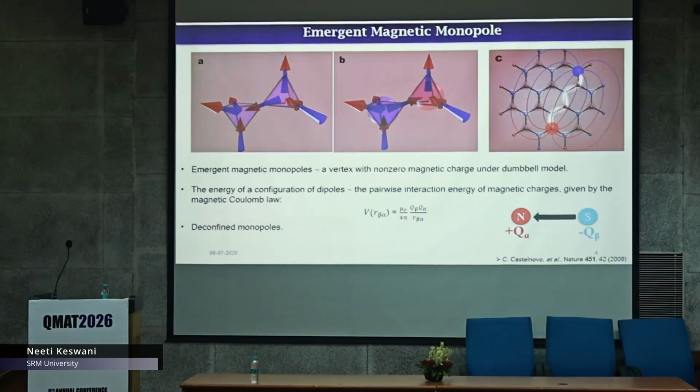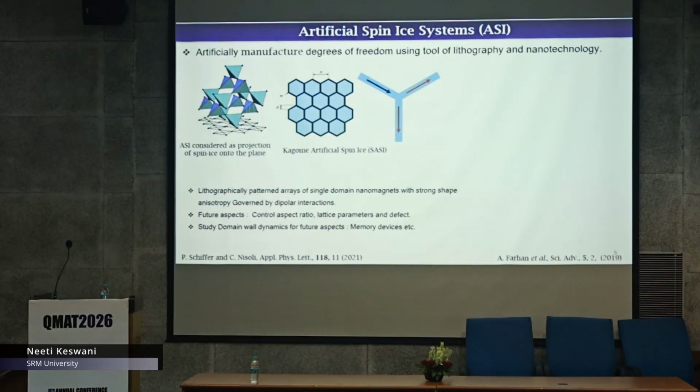These possibilities of these systems were very interesting, obviously, but what were the problems in these systems? We could not naturally control the lattice parameter or the fluctuations or anything else. It was difficult to control this. So Wang et al. came up with the idea of artificial spin ice systems.